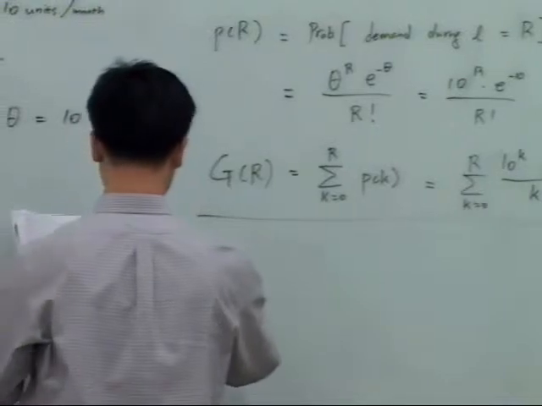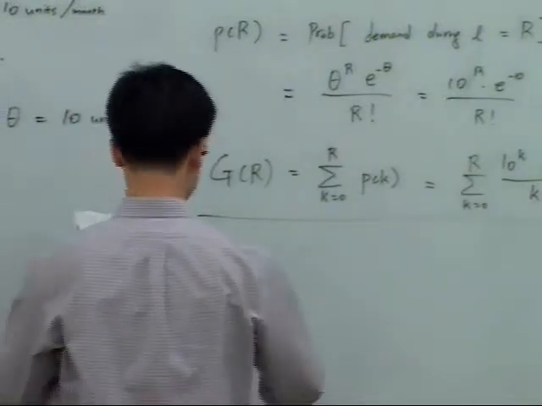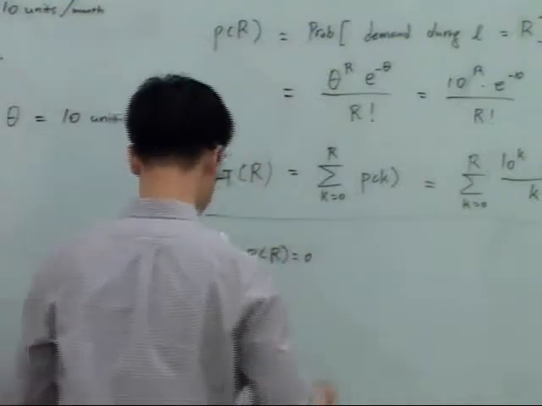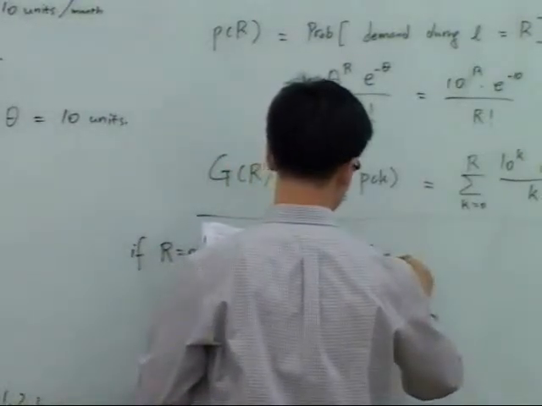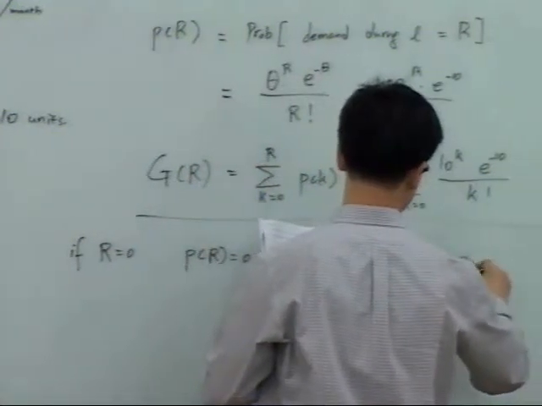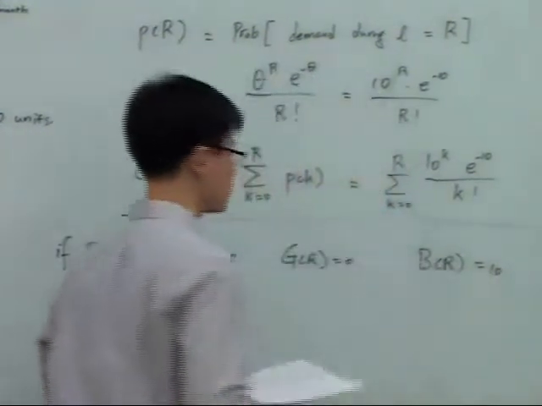If R is equal to 0, then PR is 0, GR is 0, and BR is 10.